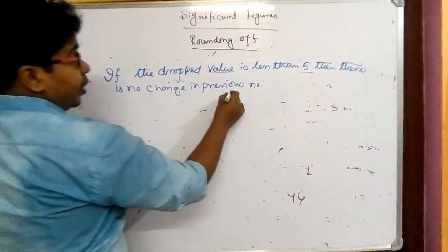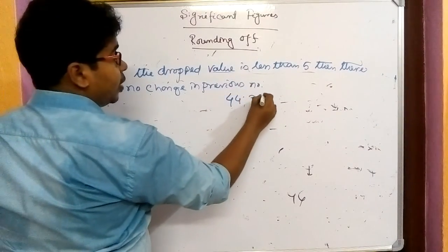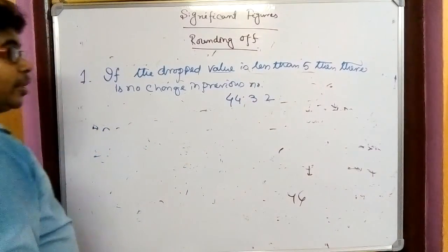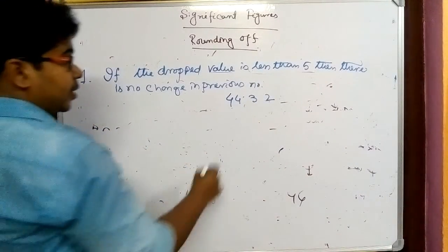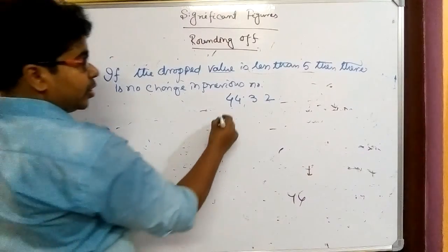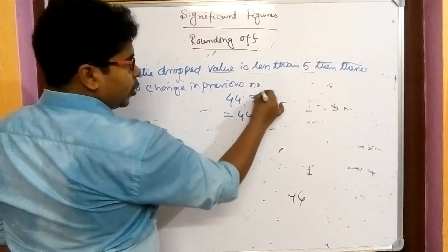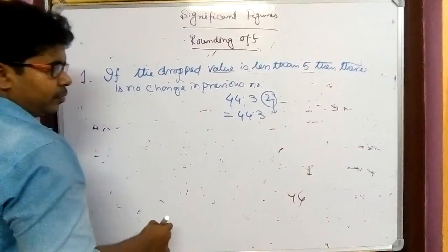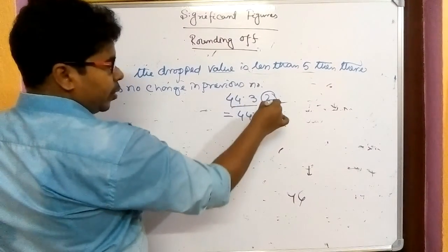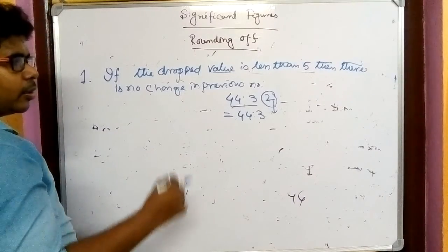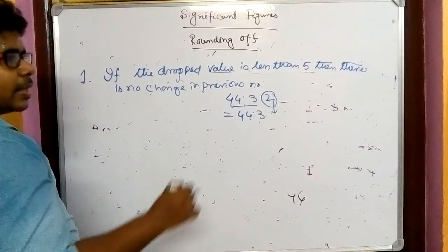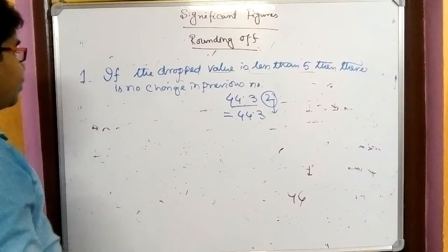That is, if it is 44.32 and you are told to round off to 3 digits, it will come 44.3, because 2 is the dropped value here. It is less than 5, so it is 44.3.